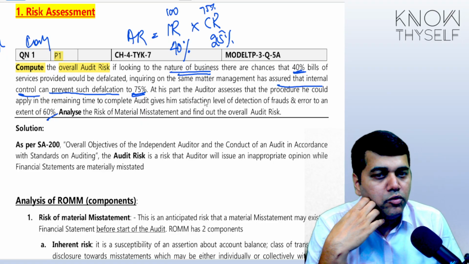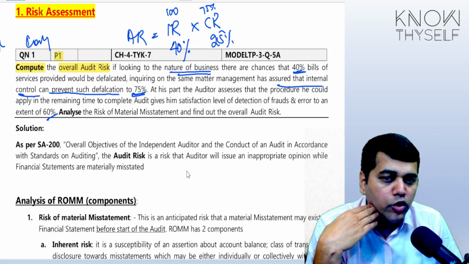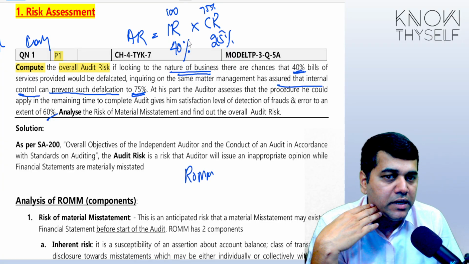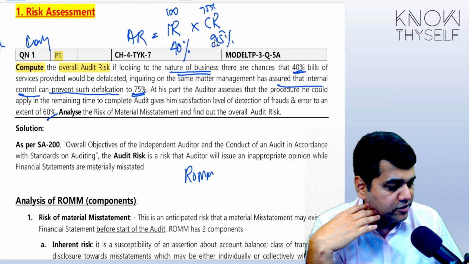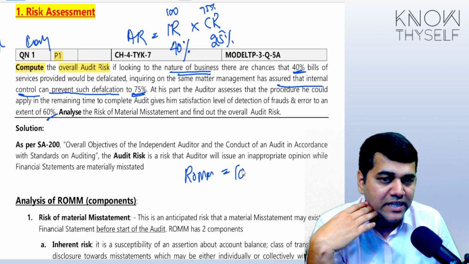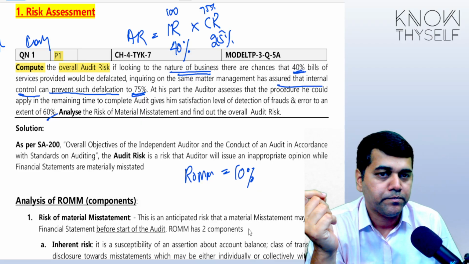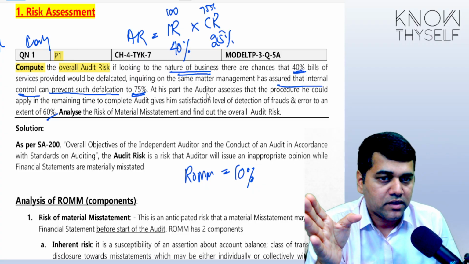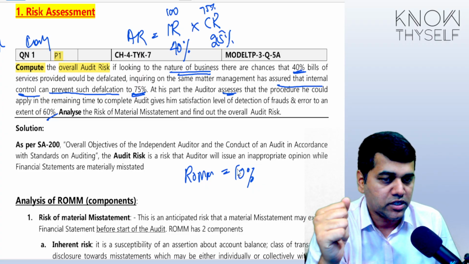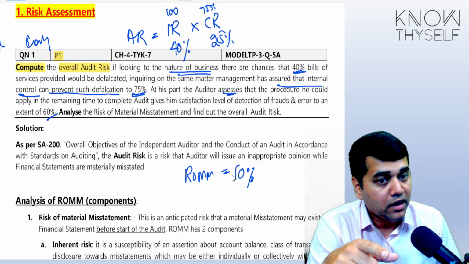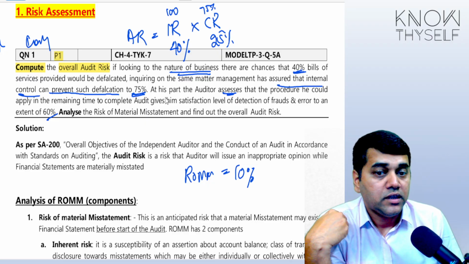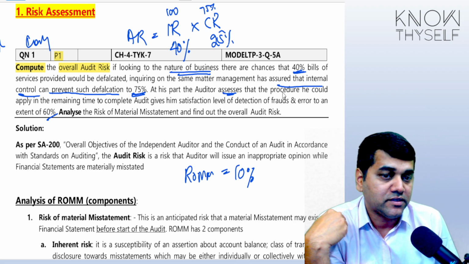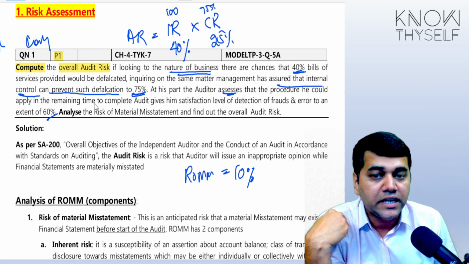Now what is your RoMM? RoMM is calculated by multiplying IR into CR. IR is 0.4 into CR is 0.25. That means 10% is your RoMM. Now at this part, the auditor assesses the procedures he could apply in the remaining time.